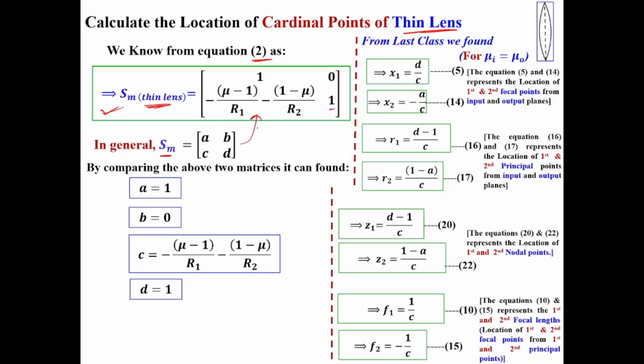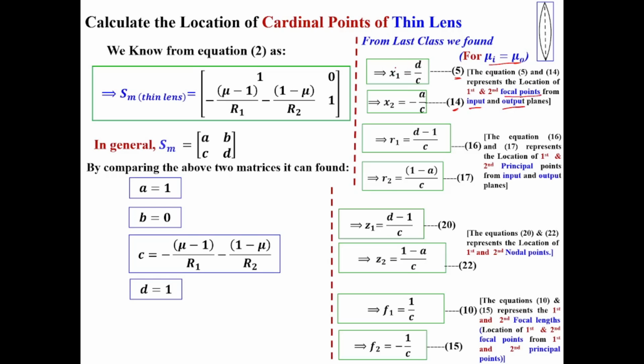Comparing these two matrices, we find the A value is 1, the B value is 0, the C value is this much, and the D value is 1. From the last class, we found for mu I equal to mu O, equations number 5 and 14 represent the location of the first and second focal points from the input and output planes.